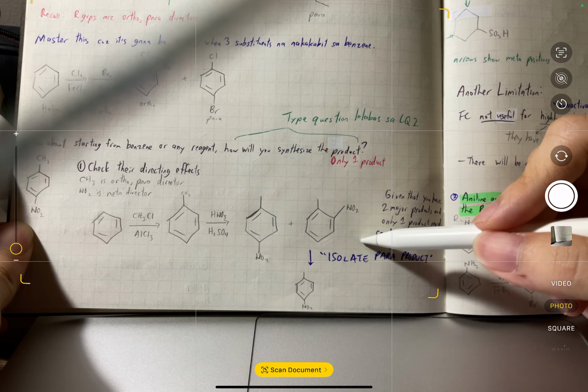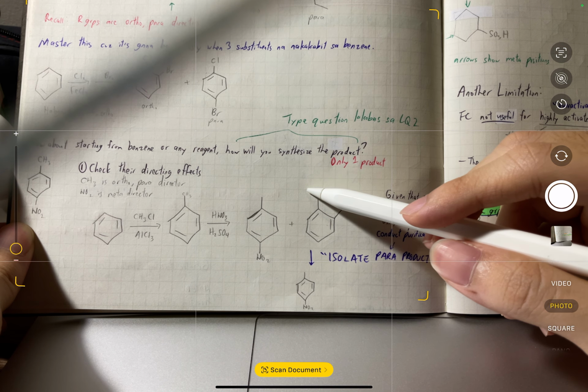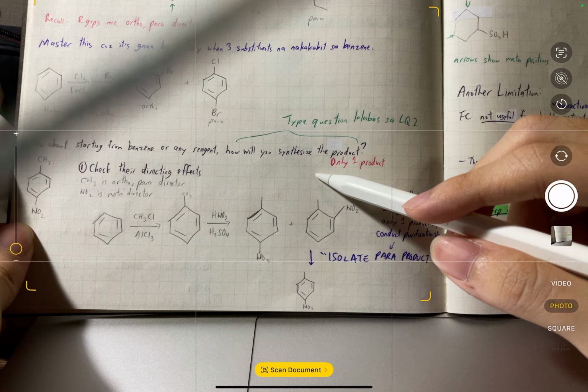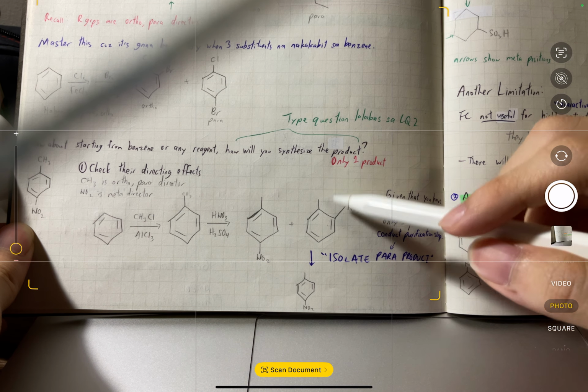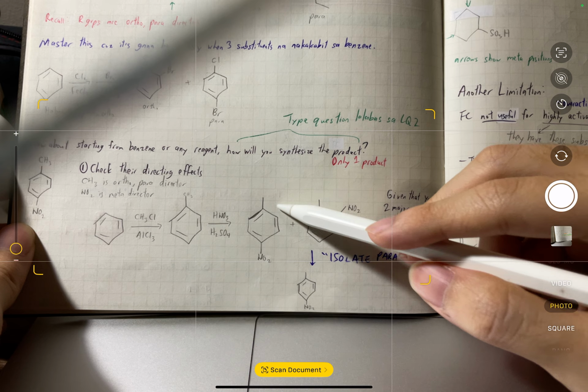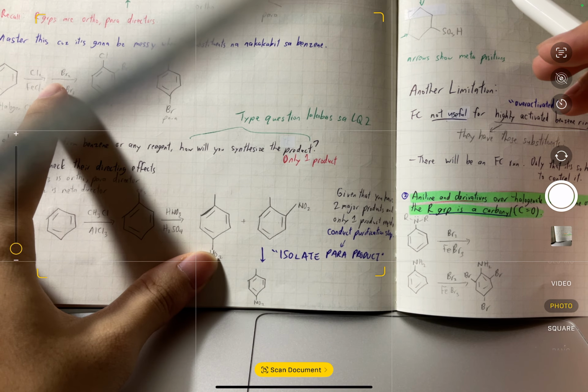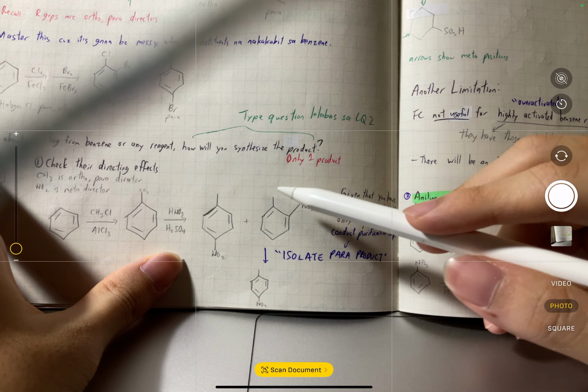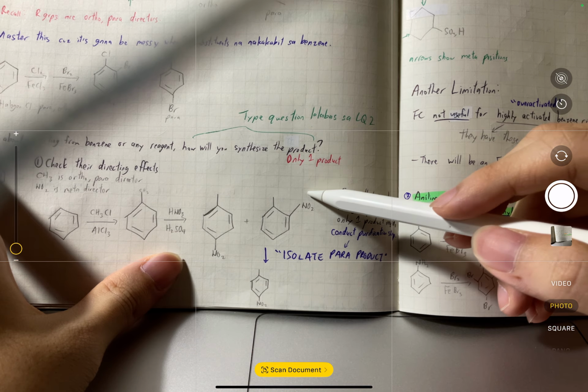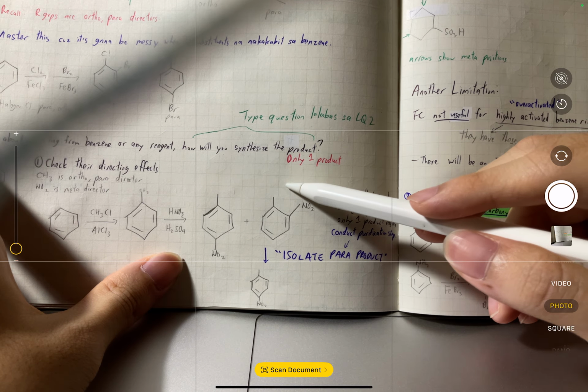And here, like I said earlier, we're given two products. We already have two products, although only the para is going to be the final answer. I think it has something to do with the steric effect, because CH3 is close to NO2 in the ortho position.